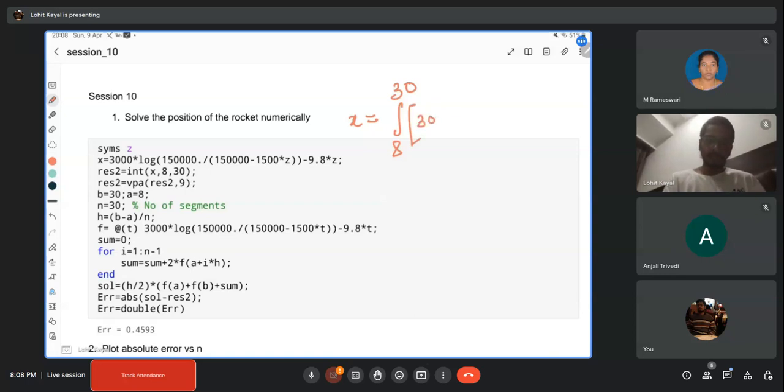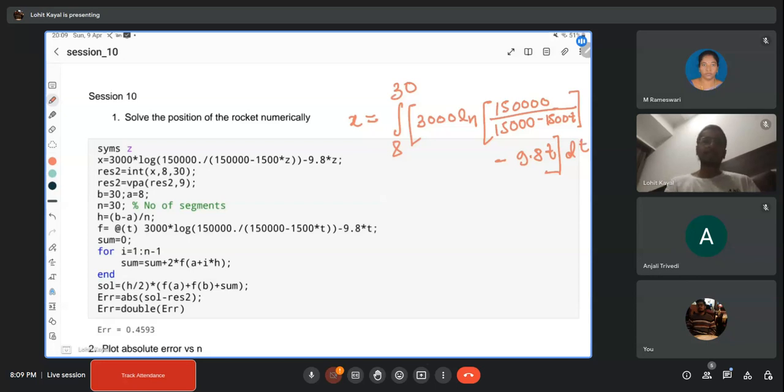So it is 3000 log of 150000 by 1540 minus 1500 t, minus 9.8 t, dt. This is the vertical position of a rocket. Okay, this is the expression for that, and you need to solve it numerically.